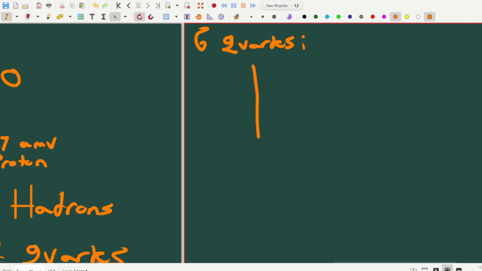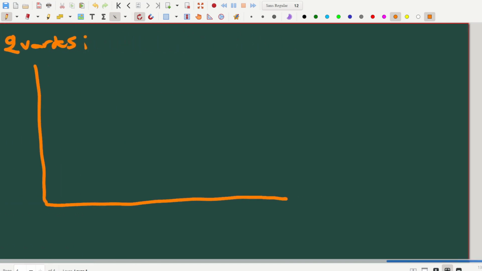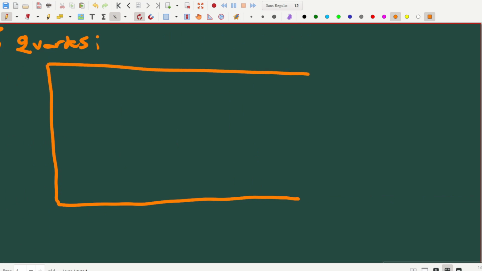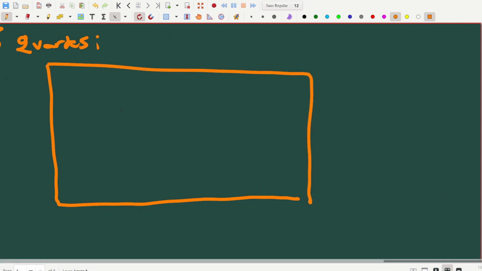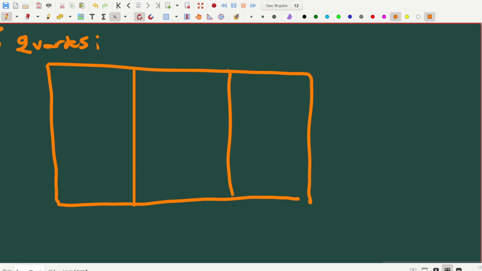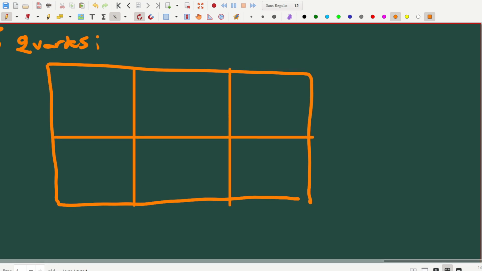So I'm going to draw a little box here, and we'll put the quarks inside of this box. The first quark is called the up quark. It has a U for up. You have like a periodic table of quarks.